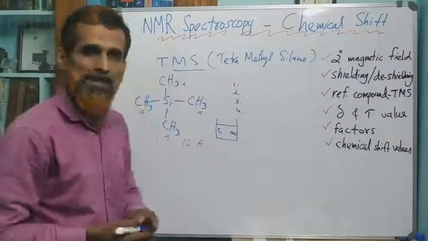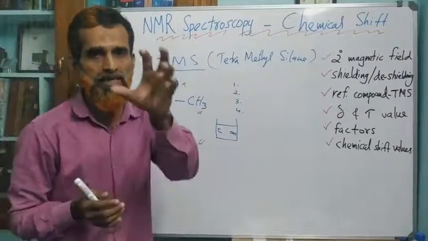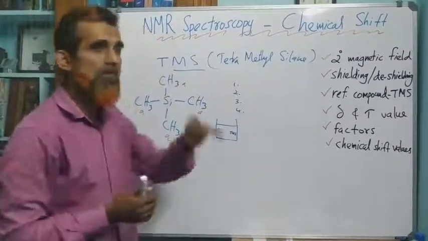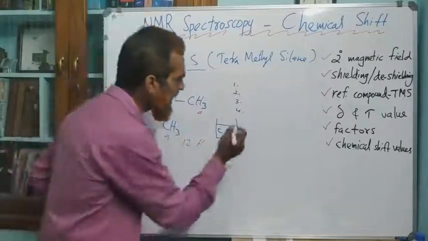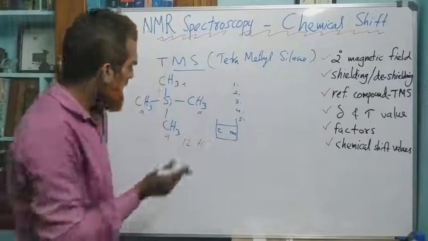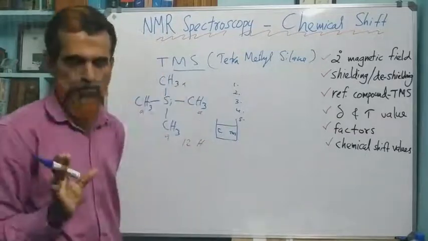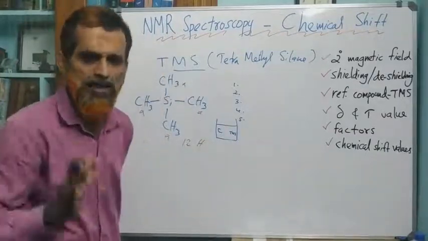Intensity of an NMR peak is proportional to the number of protons in a given set, so this gives a very intense peak in NMR. And finally, this is the most shielded proton, because silicon is not electronegative.